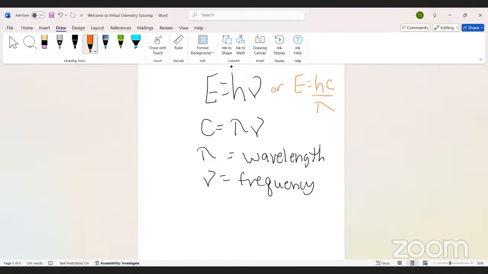So let's say, suppose I say, give me the energy. If I tell you Planck's constant, that's 6.626 times 10 to the negative 34 joules. I think joules per second.